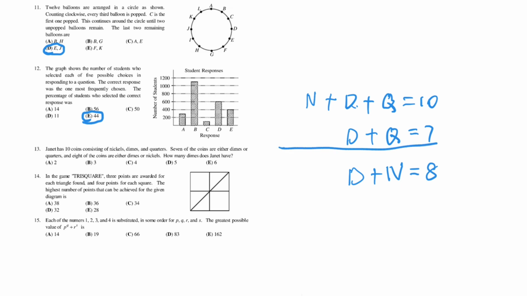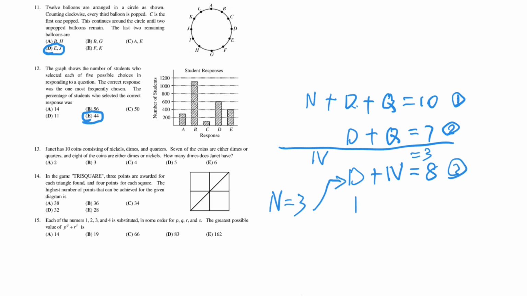I use equation 1 minus equation 2. That gives us n equals 3, because dime minus dime and quarter minus quarter cancel. So nickel equals 3.